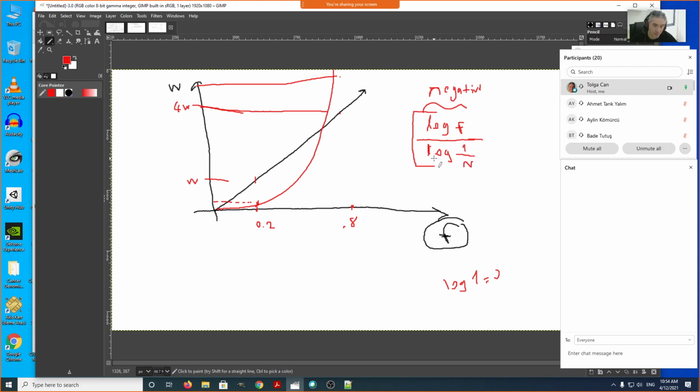You take the logarithm of that smallest frequency, you take the logarithm of the actual frequency, and the ratio gives you your actual weight. So the W's are defined in such a way that the logarithm of the actual frequency is divided by the logarithm of the smallest frequency.